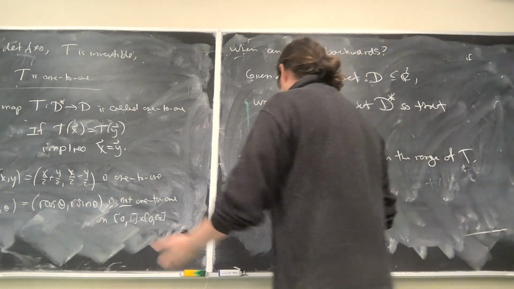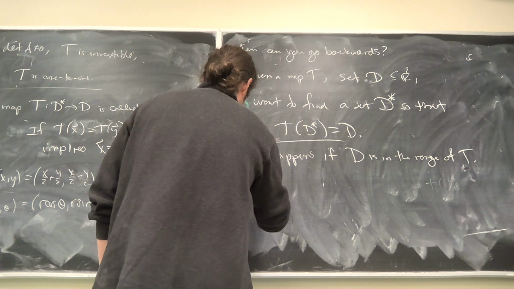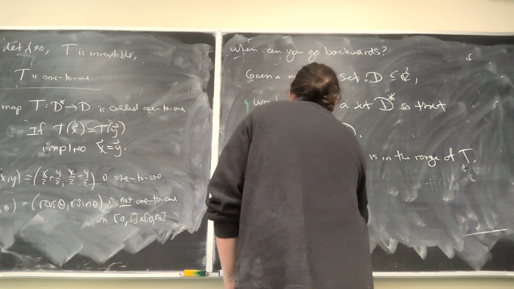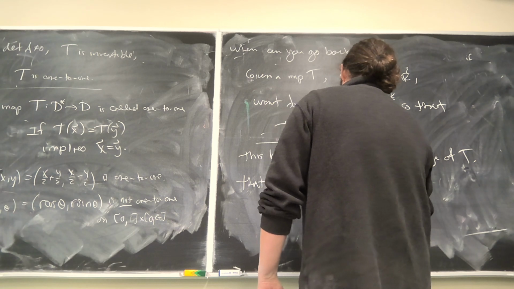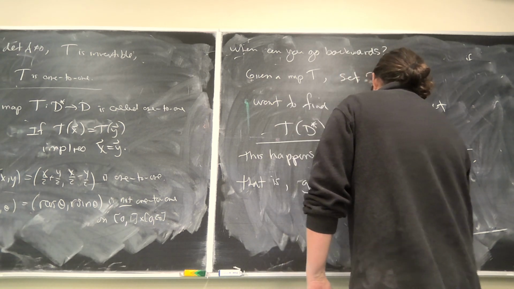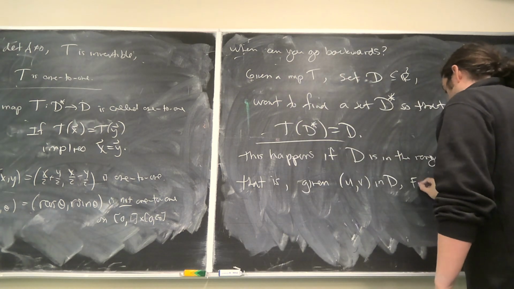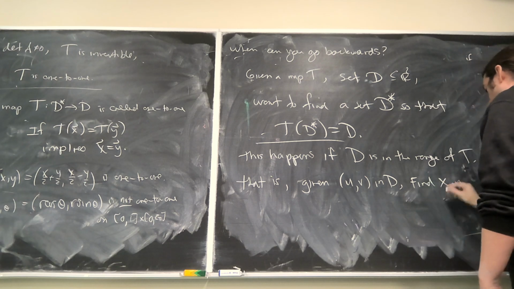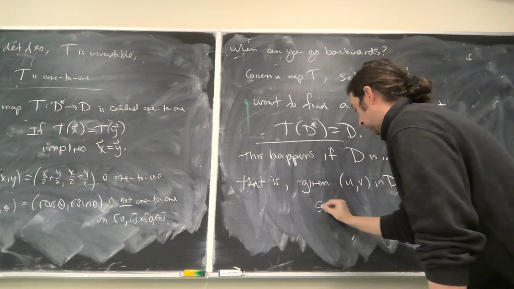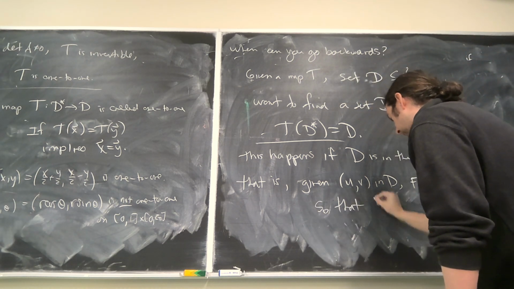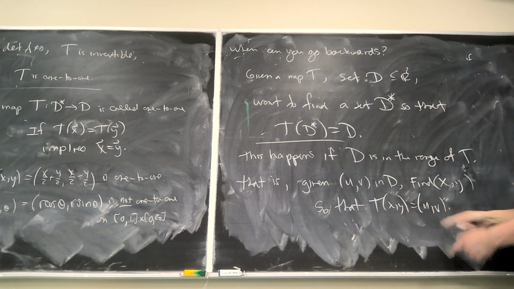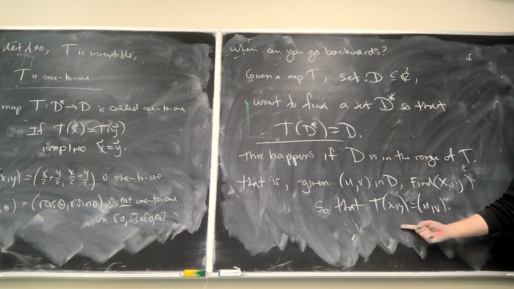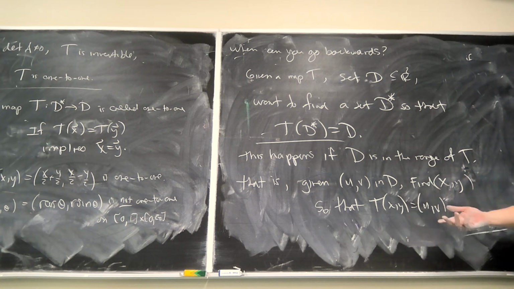So we call that being onto. That is, given a U and V in D, I want to be able to find an X and a Y so that T of X and Y is equal to U and V. That's the inverse problem here, right? I give you something in the range, I better be able to find something in the domain that it came from. That's literally the definition of a function being onto.